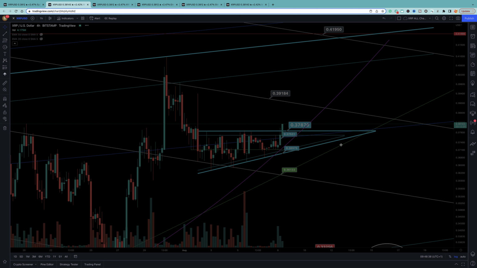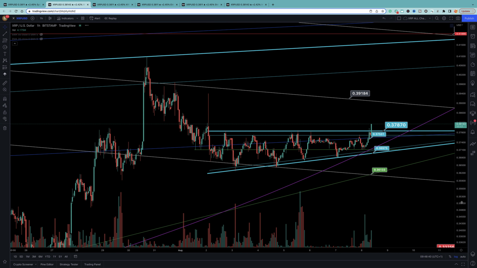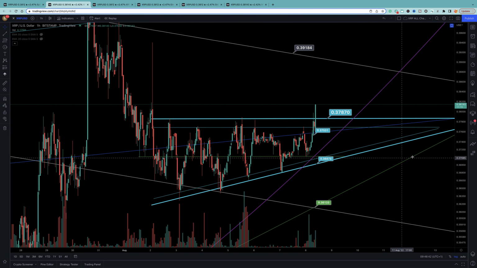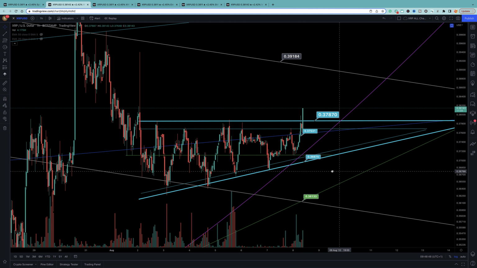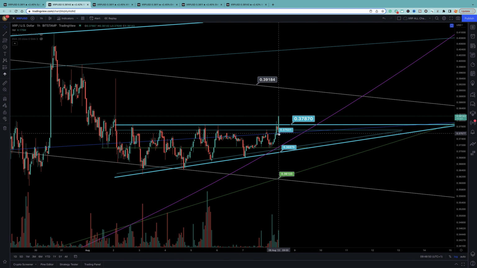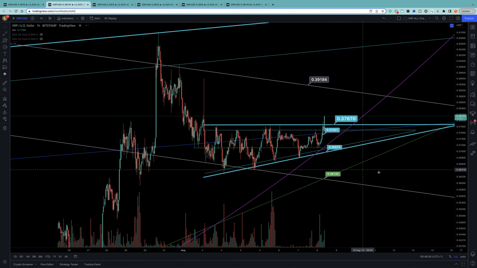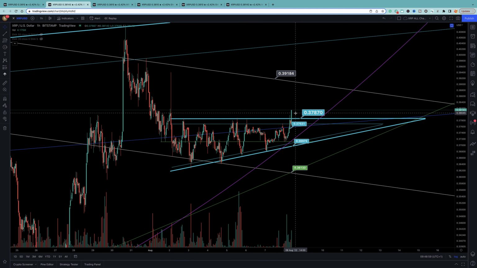Let me just go to the hourly now. Again, you can see the breakout there. I'd like to see a back test onto the blue line here, even the light blue line here, just to confirm that it's a proper pump.